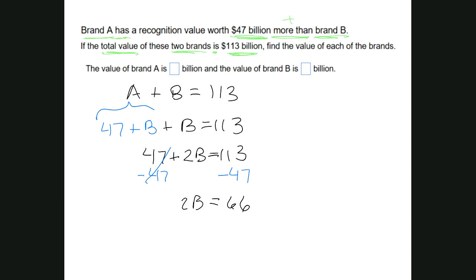To solve for B, I need to divide both sides by 2. 2 divided by 2 is 1, and 1 times B is just B. So brand B has $33 billion. That's how much it's worth.